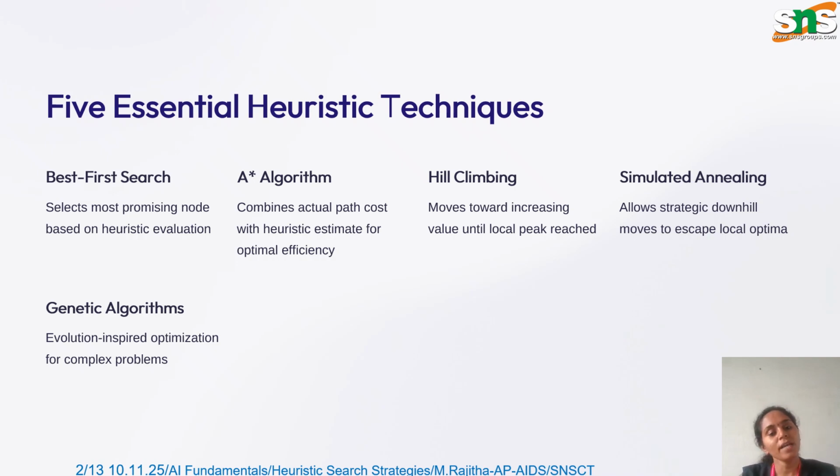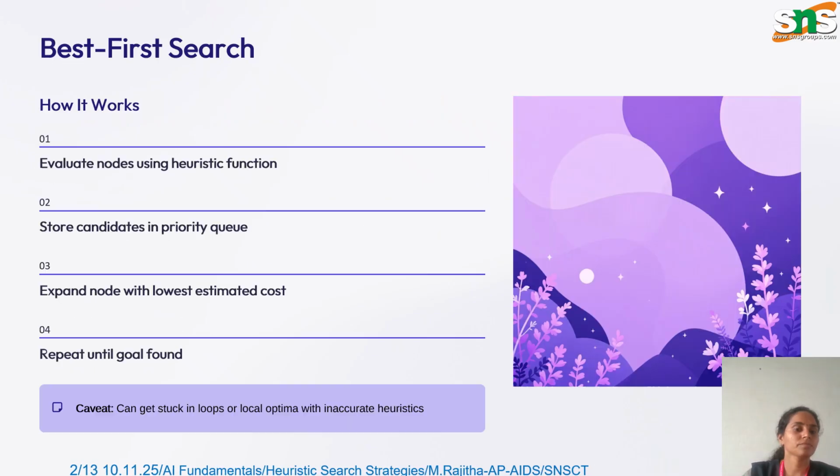Hill climbing always moves upward toward a better solution. Simulated annealing sometimes takes a step backward to escape bad traps, and the genetic algorithm mimics evolution to generate strong solutions. Each method has its own way of improving efficiency and decision making.